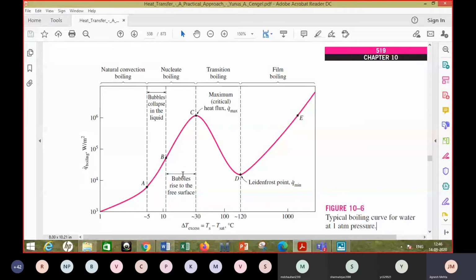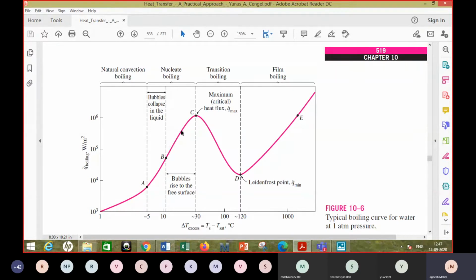And then beyond point B, that is up to around 30 degrees Celsius, 130 degrees Celsius water temperature, bubbles are able to rise to the free surface. They are able to join together and make bigger bubbles and detach from the surface and rise up to the free surface.